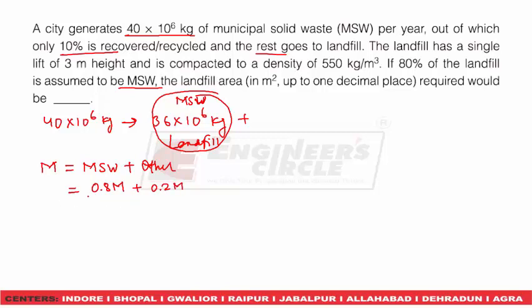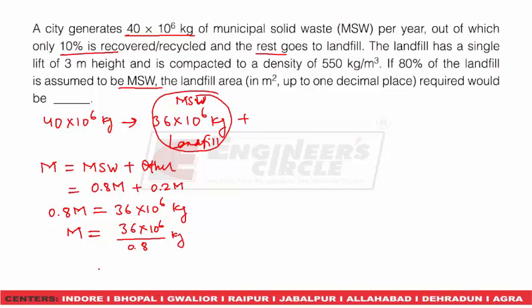Now it is given to us that MSW, that is 0.8 M, is this much. So this is 36 into 10 to the power 6 kg. So from here we can calculate mass of solid at the landfill will be 36 into 10 to the power 6 by 0.8 kg.